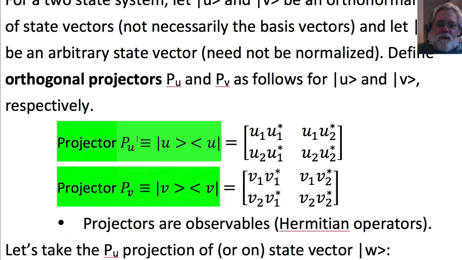So the projector P sub u is defined as ket u times bra u. And we just saw in the prior section how to multiply those together. So this is the result. And this is the result for v instead of u.